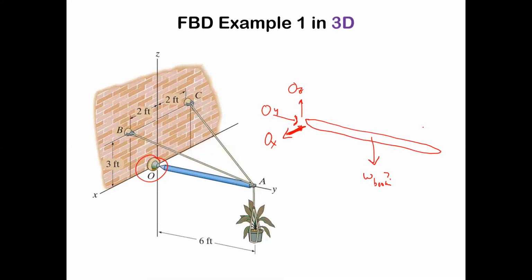And then you got these cables here, cable going from A to C. So naturally, we would have a TAC, a vector, which we know the direction, we just don't know the magnitude of that. Same thing for TAB. And then also the weight of the pot.